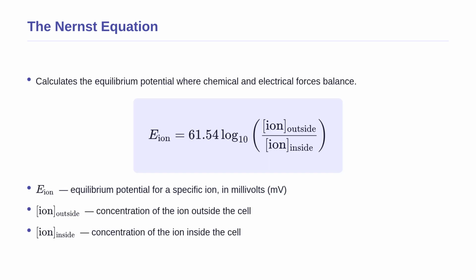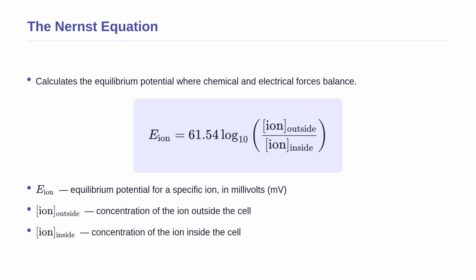This delicate balance of ions leads us to an important mathematical tool called the Nernst equation. Conceptually, this formula calculates the exact voltage at which the chemical push of an ion is perfectly balanced by the electrical pull, a state known as the equilibrium potential. Let us break down the symbols. E-ion represents the equilibrium potential for a specific ion, measured in millivolts.